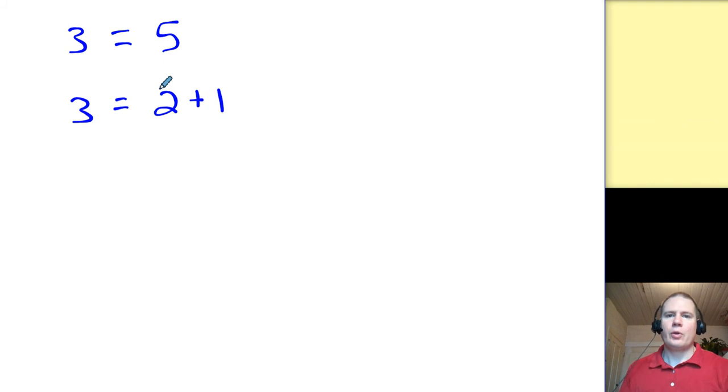Are these equations? Yes or no? Yes. 3 is an expression. 5 is an expression. 2 plus 1 is an expression. I have an equal sign saying this expression is equal to that expression. 2 equations. Is this an equation?